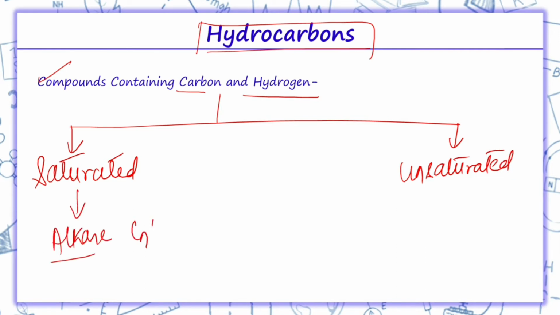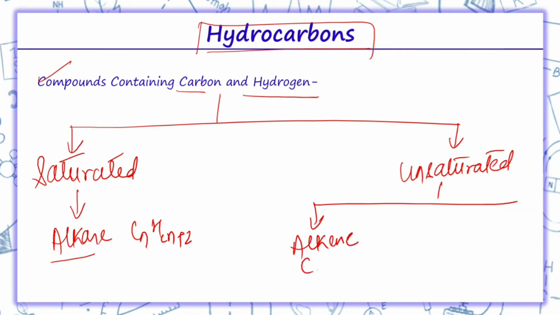Their general formula is CnH2n+2. Under unsaturated, we study alkenes, whose general formula is CnH2n, and alkynes, whose general formula is CnH2n-2. So, this is all about the alkanes, alkenes and alkynes.